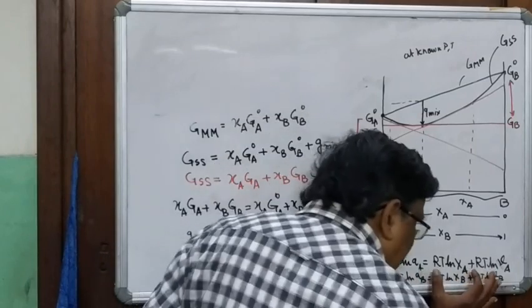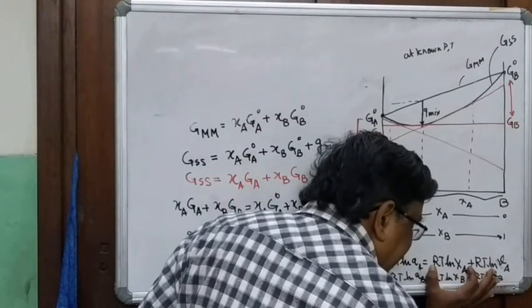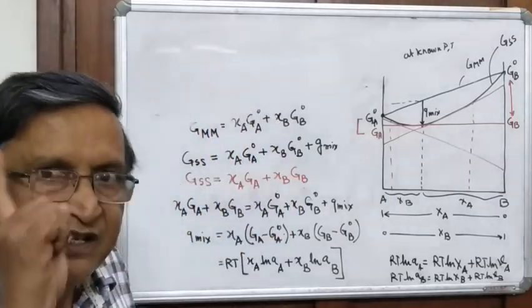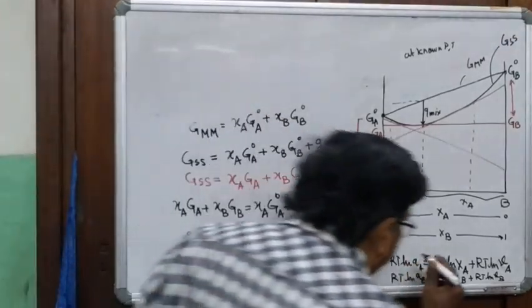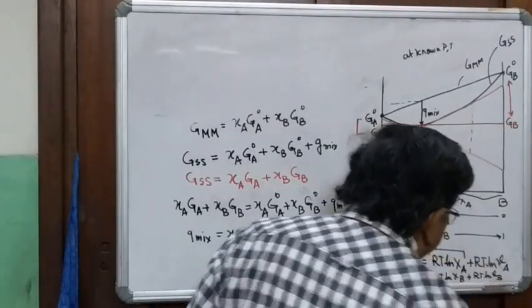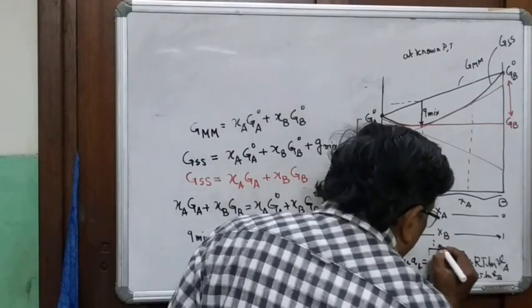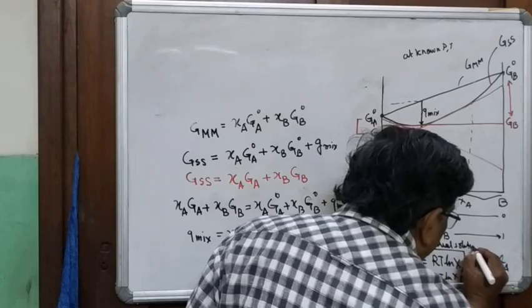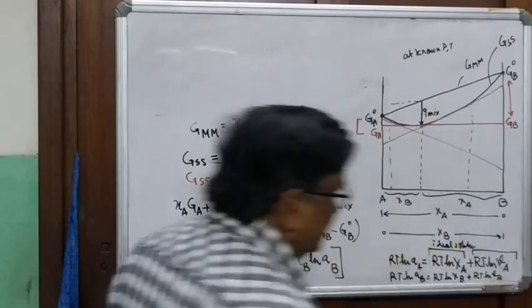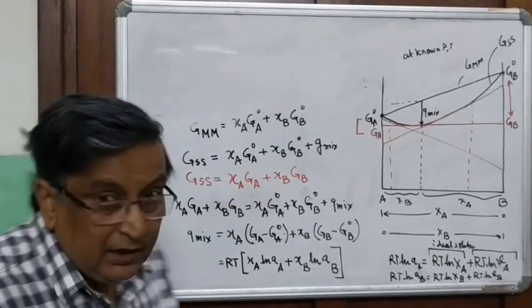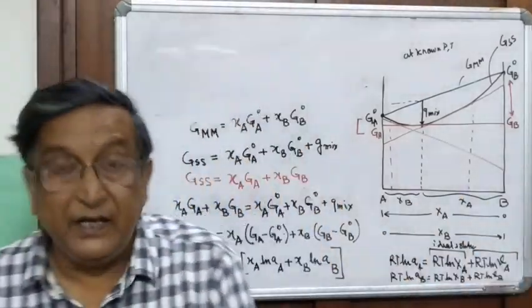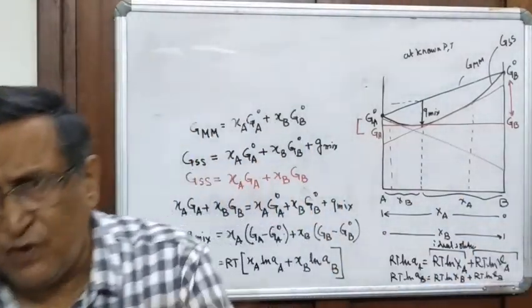If I just write RT ln XA, then it means gamma is equal to 1, that means ideal solution. So this part essentially represents the energy for ideal solution. And what is this part? This is something in excess of ideal mixing. It could be negative or positive or whatever it is.